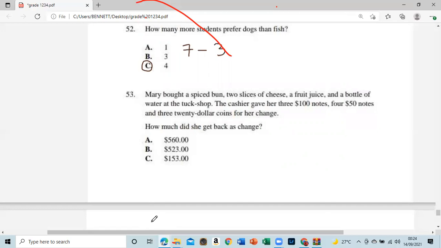How much change did she get back? Okay, so let's see. 3 $100 notes, so it's $300, guys, right? All the money is shown. 4 $50, not 500.